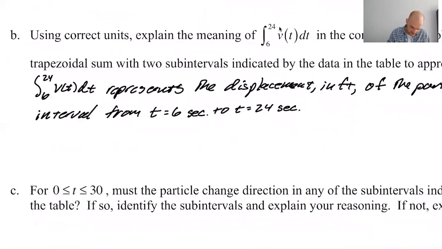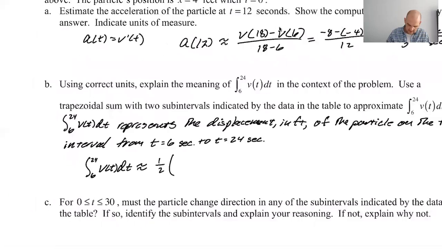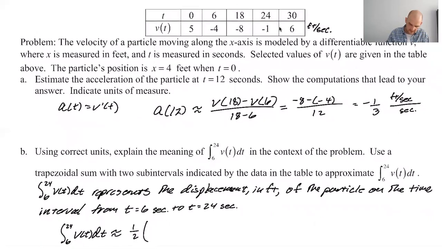Let's do it. The integral from 6 to 24 of v of t dt. We're approximating, so approximately equal to, we're doing trapezoids, so 1/2, and then from here to here is 12, and I add up these to get negative 12, plus from here to here is 6, and I add up these and get negative 9.